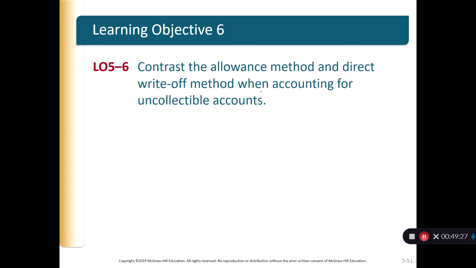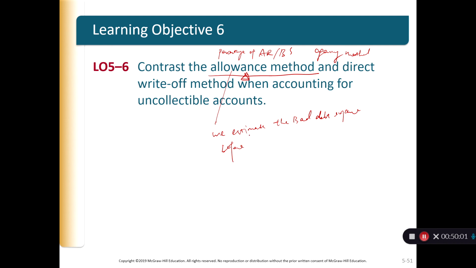So now we want to talk about what if you don't use an allowance method. No matter whether it's the percentage of accounts receivable, balance sheet method, or aging method, we call it the allowance method, meaning that we estimate the bad debt expense before the bad debt actually happens, right?